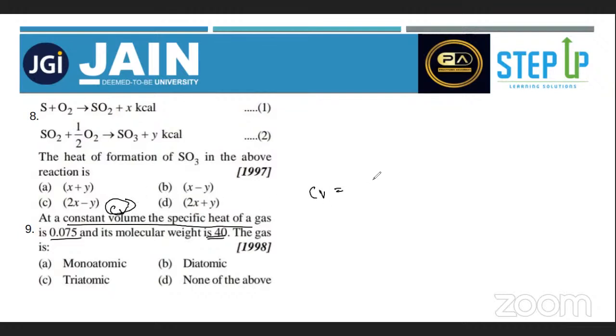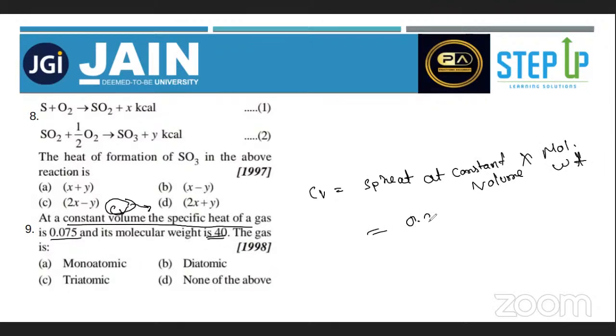So the Cv value can be found out by using what? If you have the specific heat at constant volume, it is not the molar heat capacity. Cv is basically molar. So using this, we can find the specific heat at constant volume, and if I multiply it by the molecular weight, I'll get Cv.